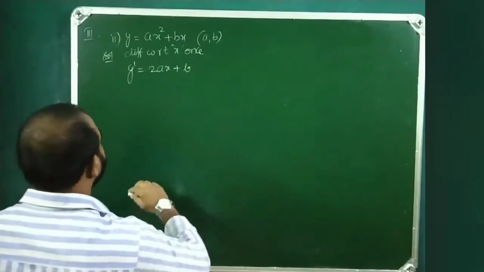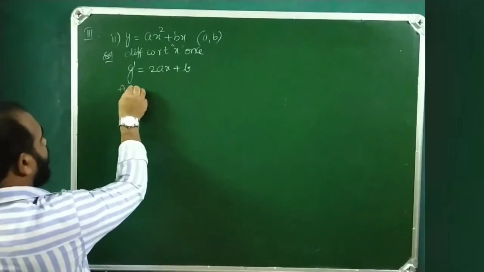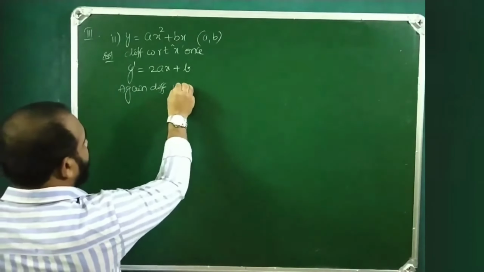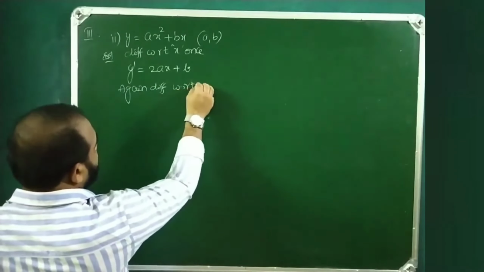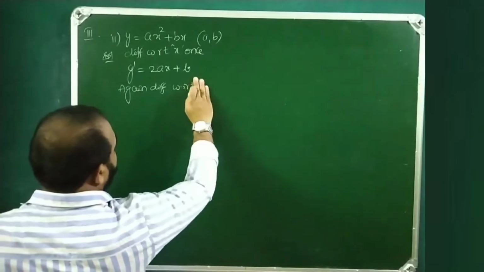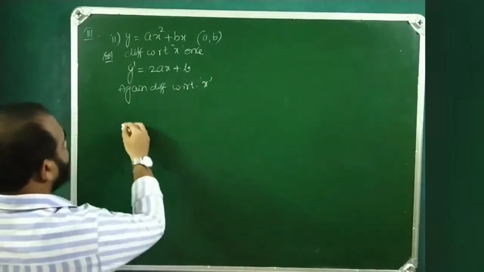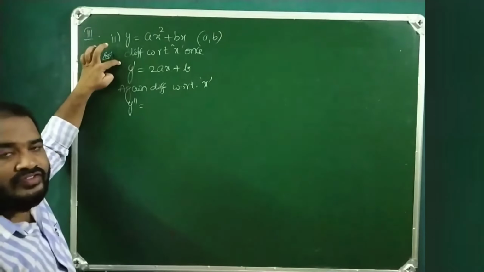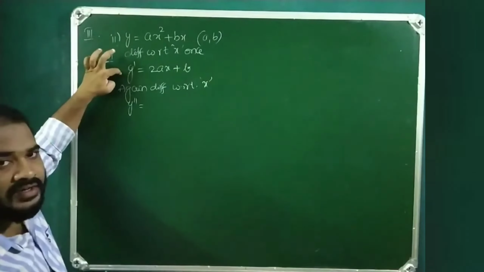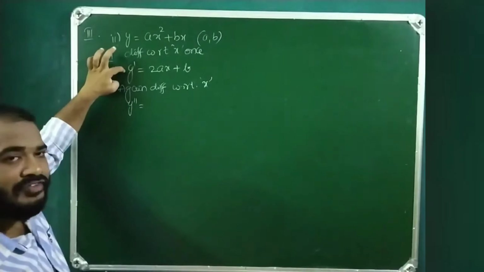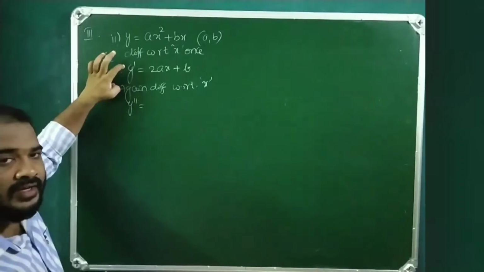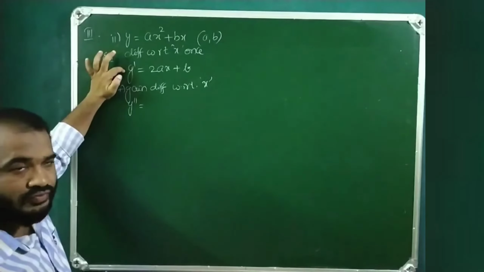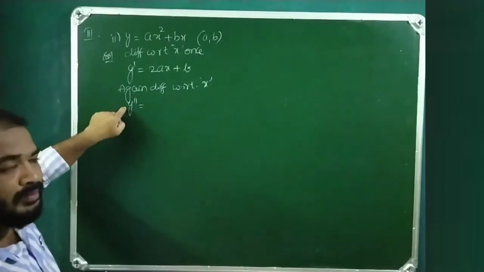From this, again differentiating with respect to x, now this time y''. y' is dy/dx, and if we differentiate this dy/dx, we will be getting d²y/dx², which is also represented by y''.